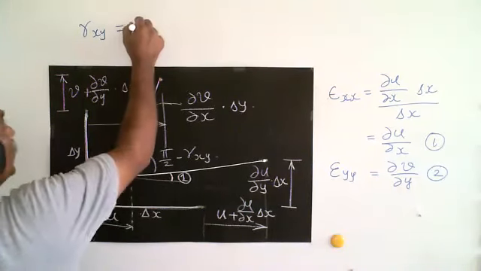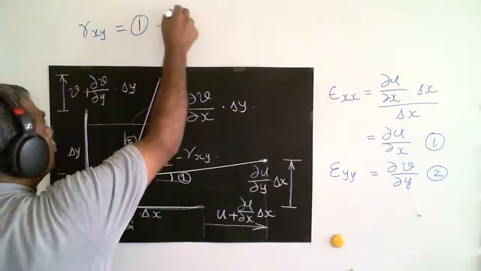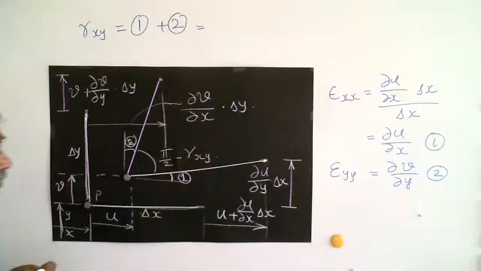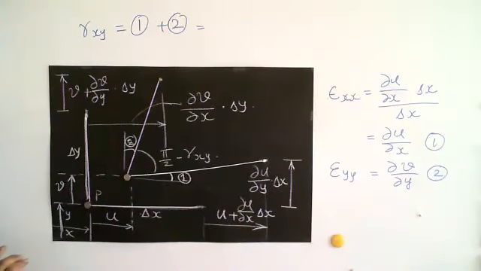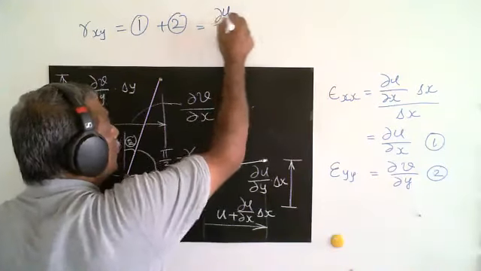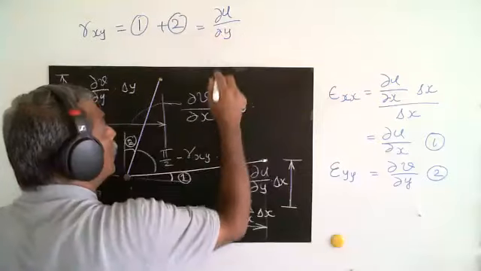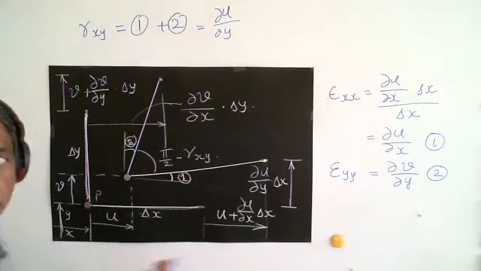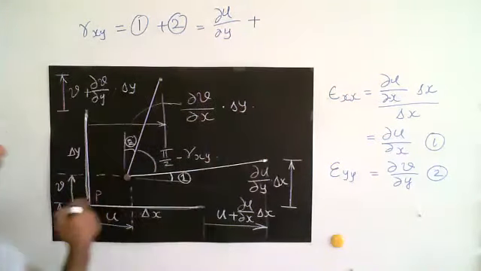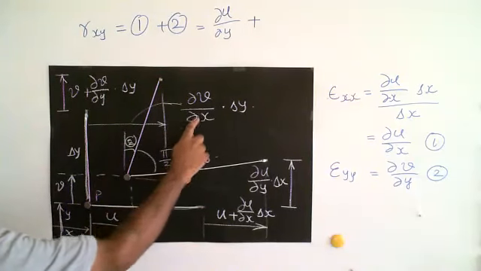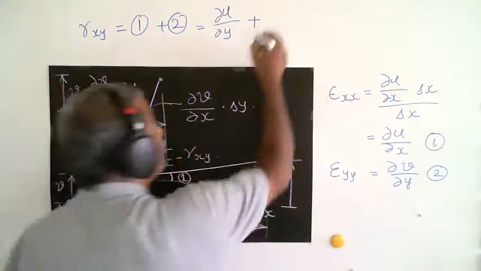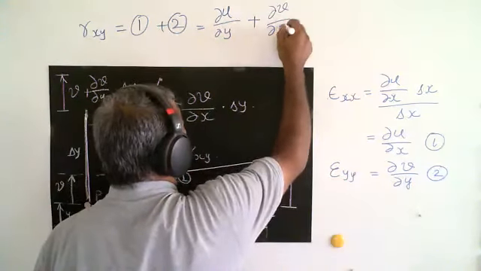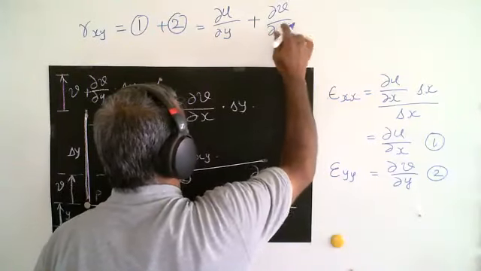So it will be equal to 1 plus 2, right? That is equal to dou U by dou Y times delta X divided by delta X, that's the first one, plus the second one in a similar way, dou V by dou X times delta Y divided by delta Y. I'm sorry, dou V by dou X.